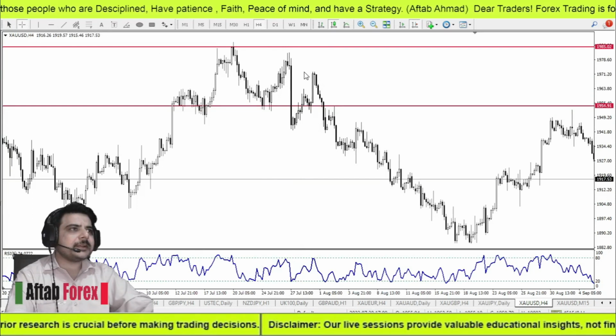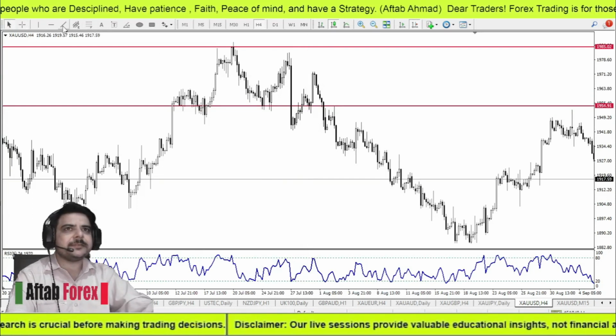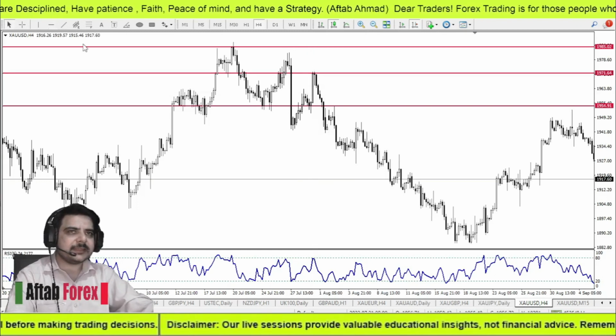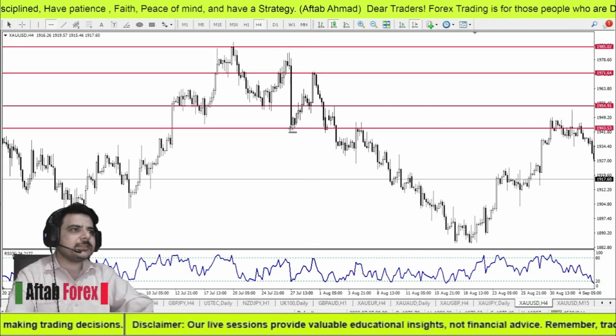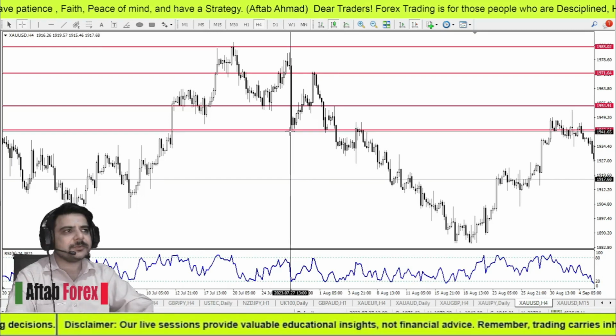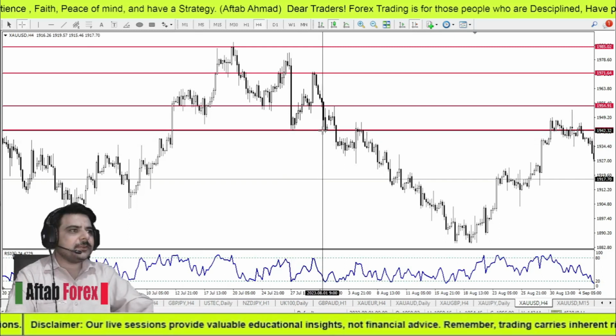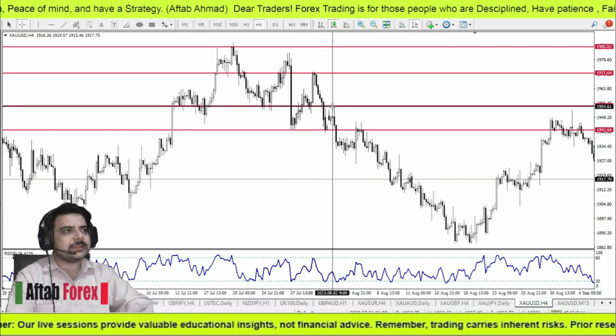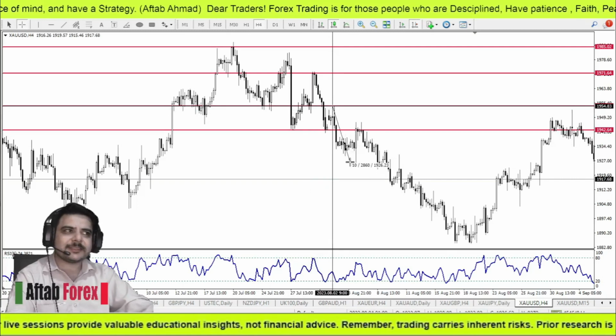Then the market bounces off from right here, see, a nice rally. Then we have got a bounce off from here, a very nice support. We have got a very nice bounce from this support. We have got a rejection from the resistance and the sell.